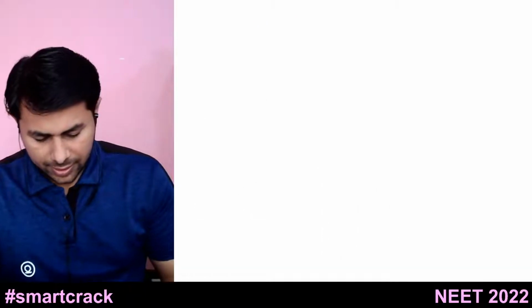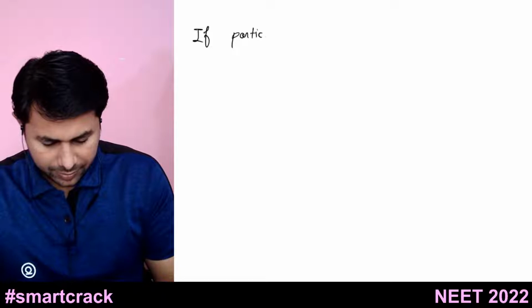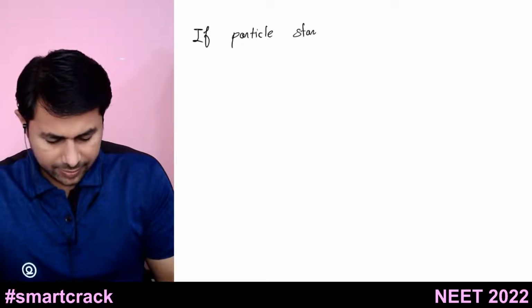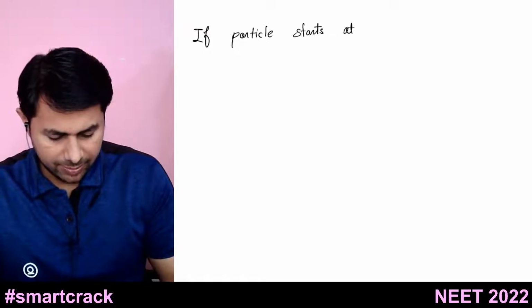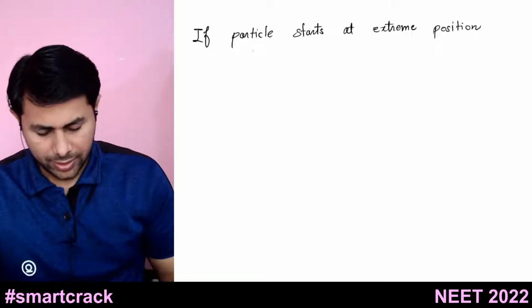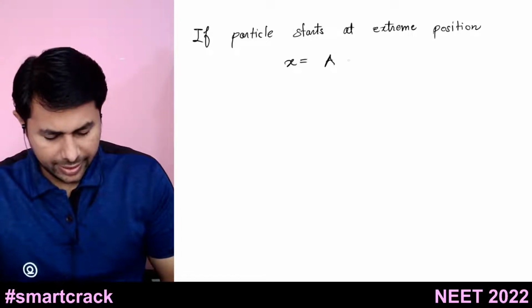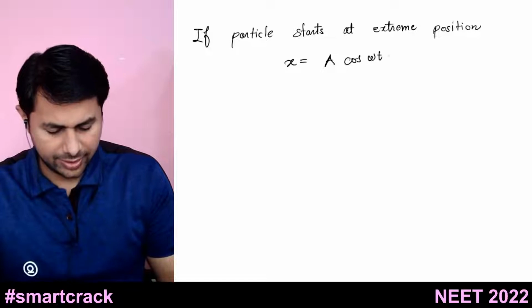So if the particle starts at the extreme position, then x is given by what? x equals A cos omega t.